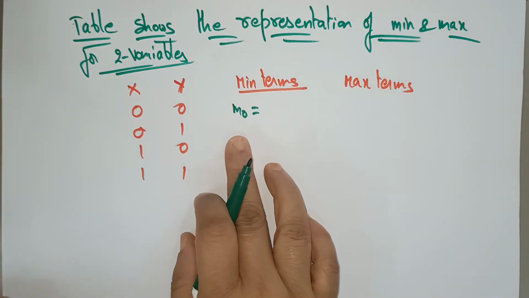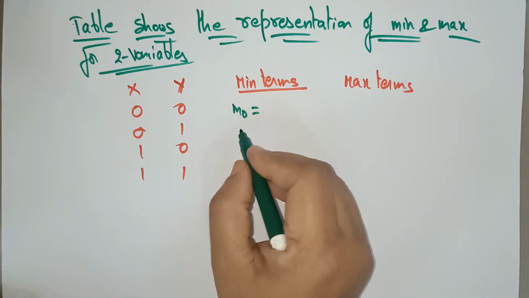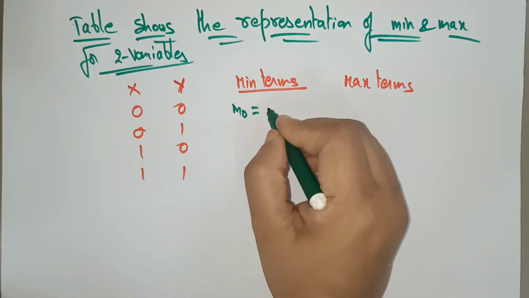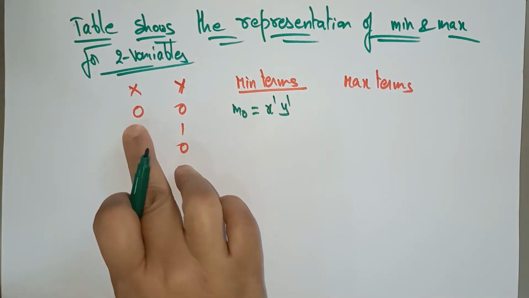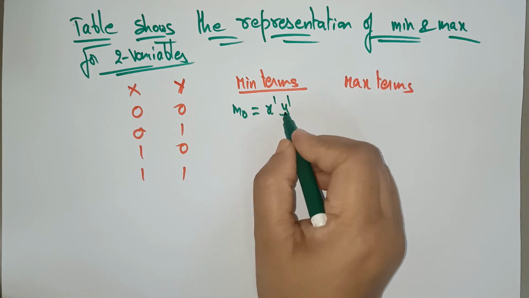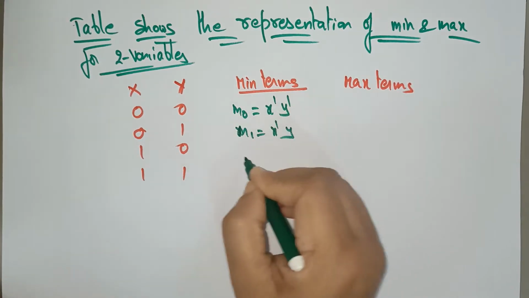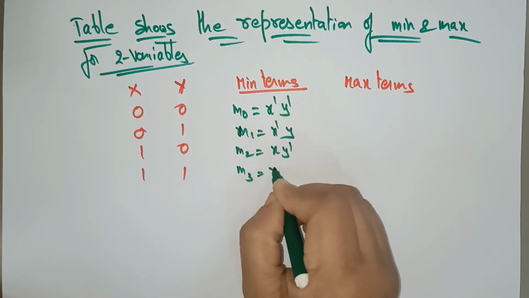The small m is nothing but the min term and the capital M is nothing but the max term. m0: x is 0 and y is 0, that means x complement, y complement. In min terms, if the value is 0, then it becomes a complement. In the max term, if the value is 0, then it becomes uncomplemented. So m0 means x dash, y dash. And m1 is x dash y, m2 is x y dash, and m3 is xy.